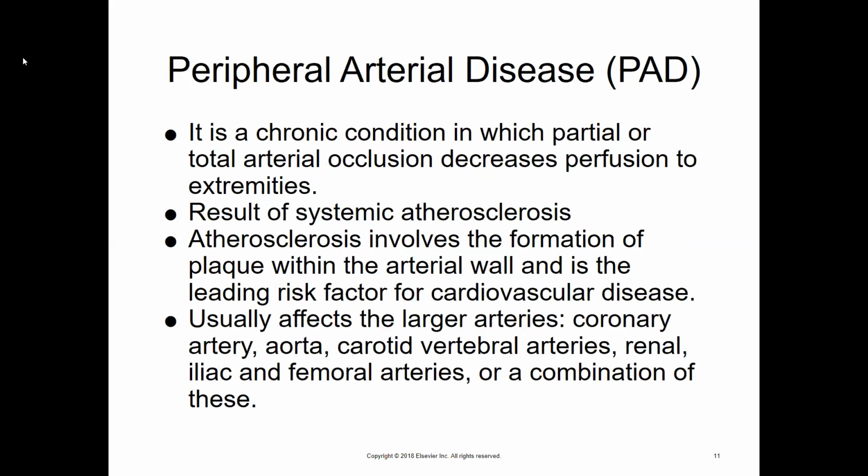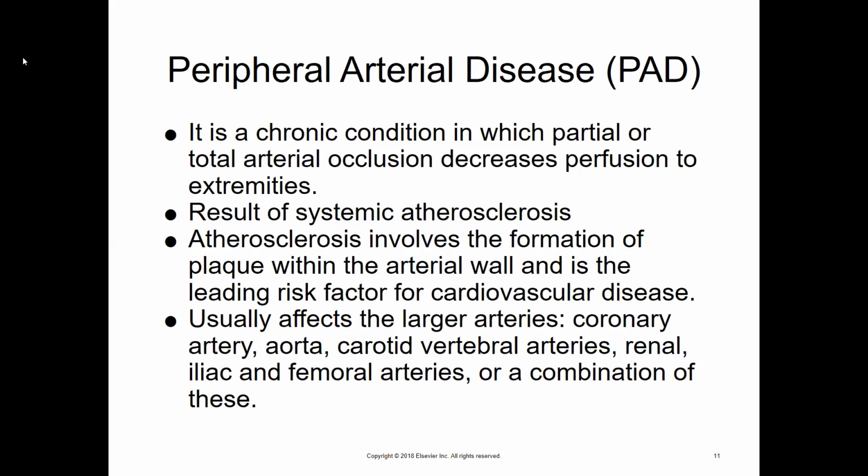So let's talk about peripheral arterial disease, PAD. It is a chronic condition in which partial or total arterial occlusion decreases perfusion to the extremities. And PAD is a result of systemic atherosclerosis.